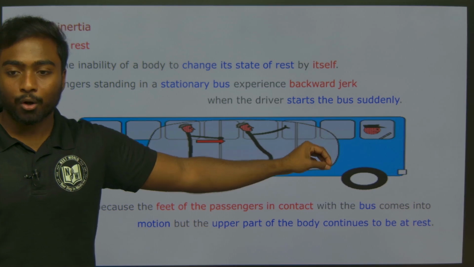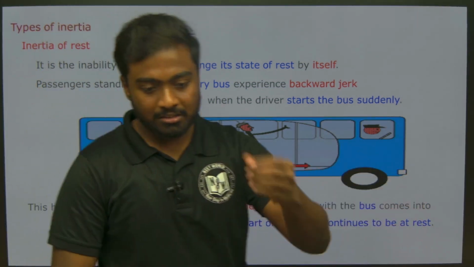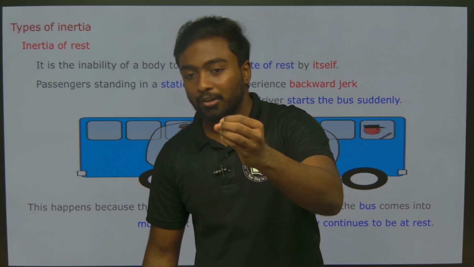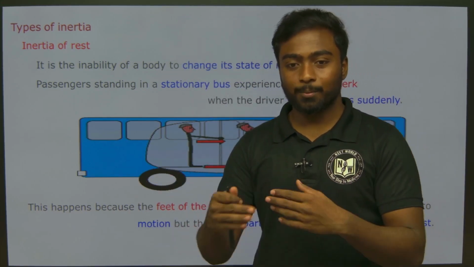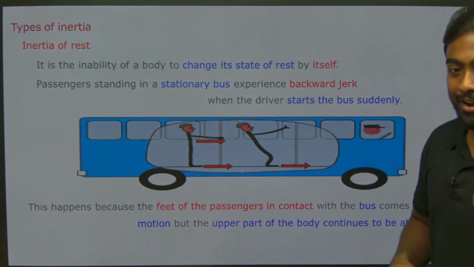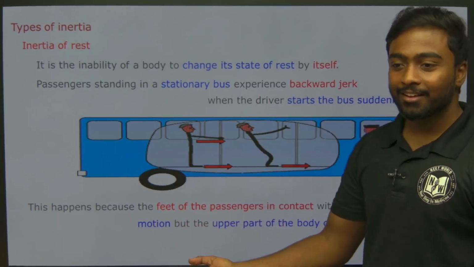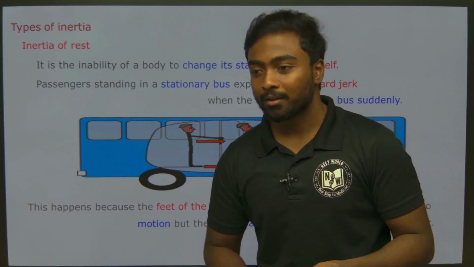If we are not in contact, what will happen? Nothing, no? Same thing in space: there is no contact with the surface, so nothing will happen. We won't go backward. Yes, no?